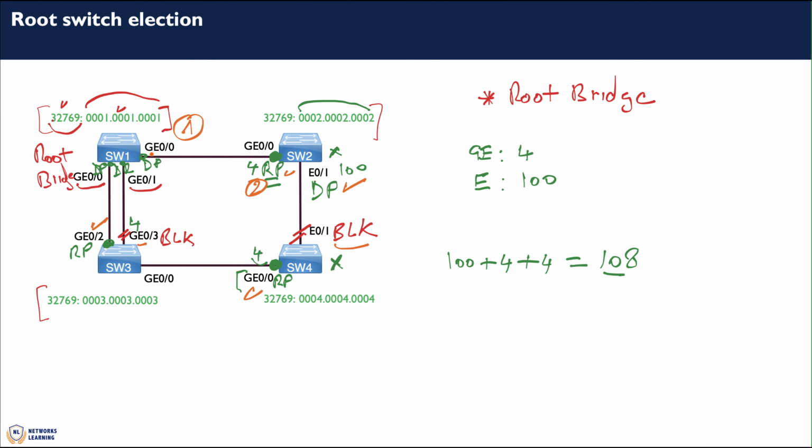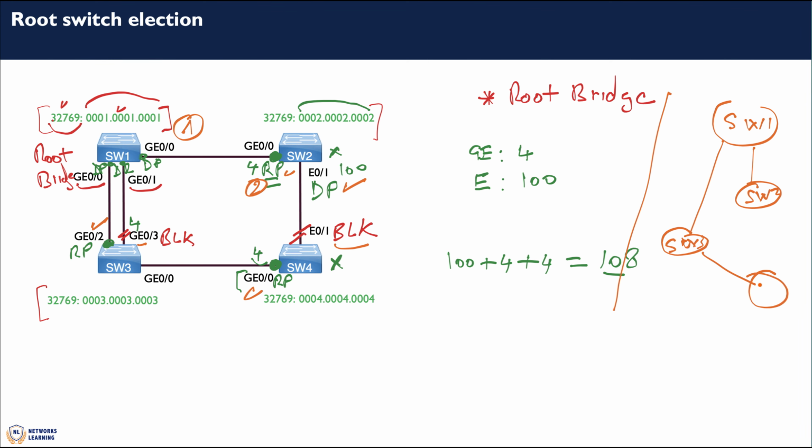If you look at it here on the side, you will end up with switch 1 at the top of the tree, and then you have your switch 2, then your switch 3, and then switch 4. So there are no loops at all, because between switch 2 and switch 3 we have a block on Ethernet 01.